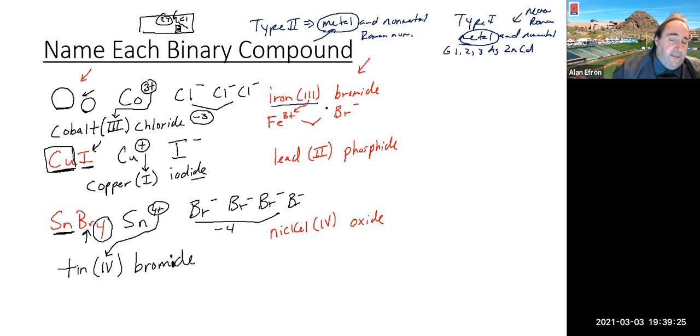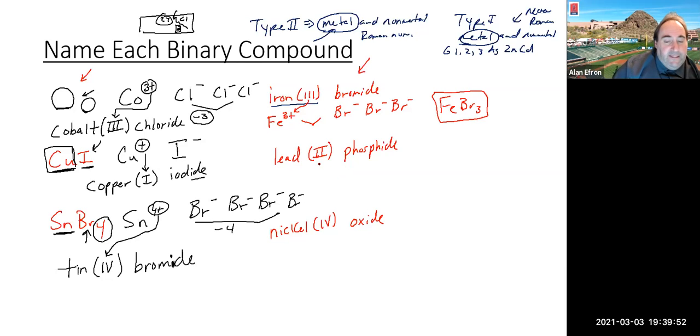So we have +3 on the left, -1 on the right. So again, if it's easier for you, you could just draw it. And you can see we need 3 of those guys to balance out the charge, which means the formula should be FeBr3. 1 iron with a +3 charge, 3 Brs with a -1 charge each gives us +3, -3, no charge.